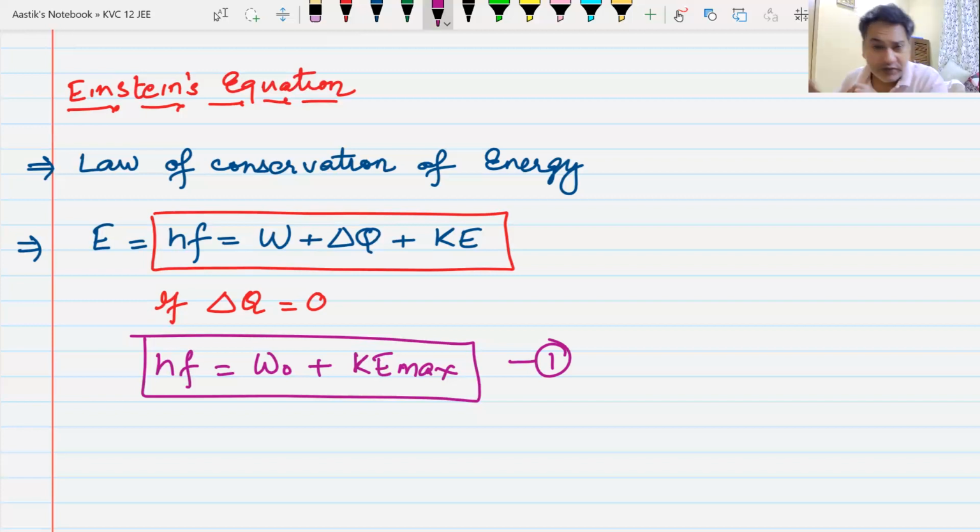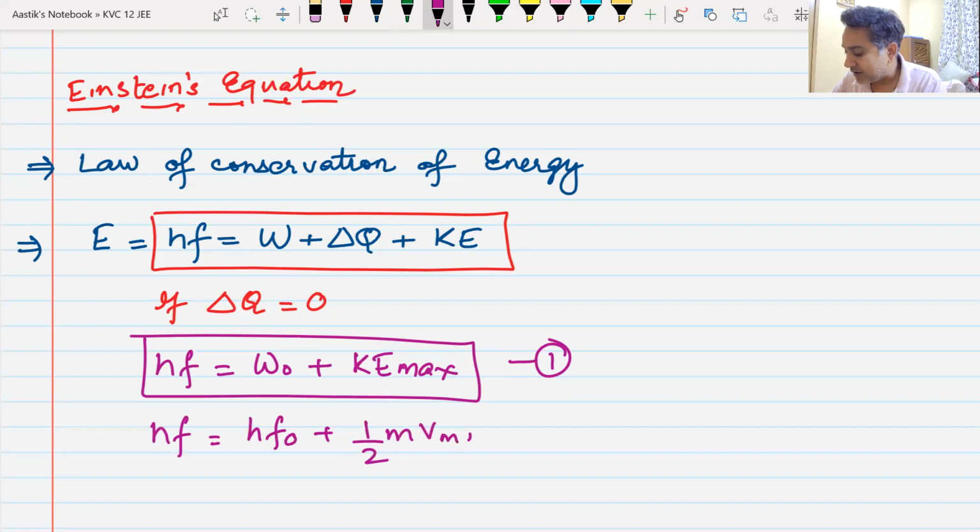Now, what are the various ways in which you can write this? The more ways you can remember, the better you are going to be. hf, this work function can be written as h into f naught, yes or no? This kinetic energy can be written as half m v max square, yes or no?